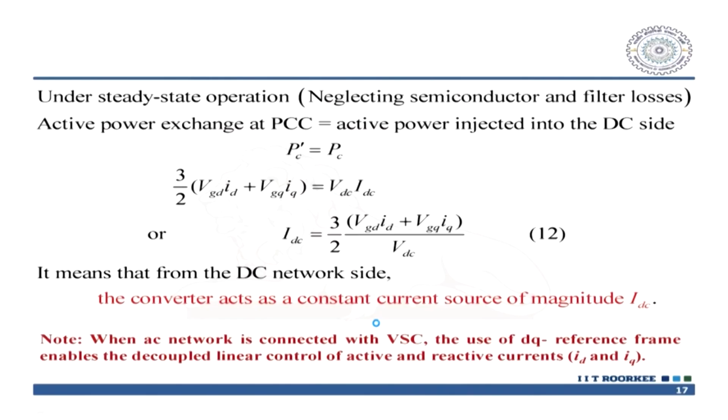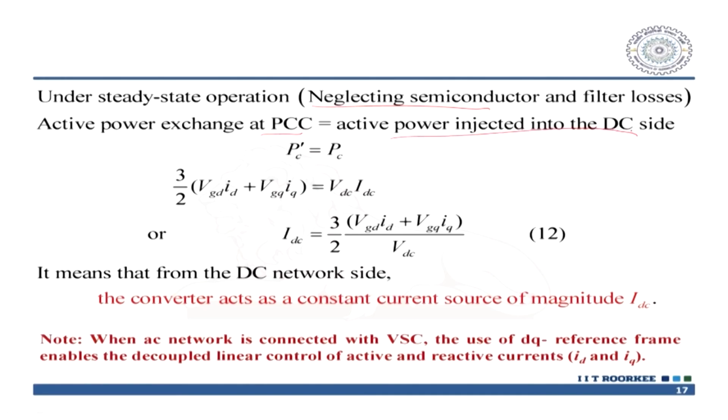So, what we can say is that under steady state conditions, and we assume that semiconductor losses and filter losses are neglected, the active power exchange at the PCC, that is the point of common coupling, is equal to the active power injected into the DC side.